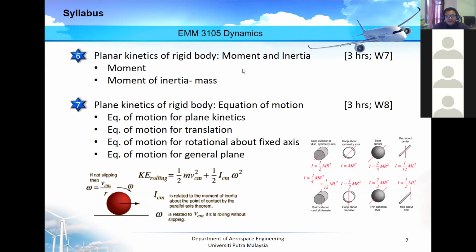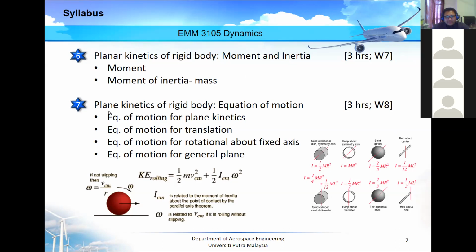Speaking of inertia, if you can recall, last time you heard about the mass moment of inertia, and the other one is the area moment of inertia. So there is a difference.